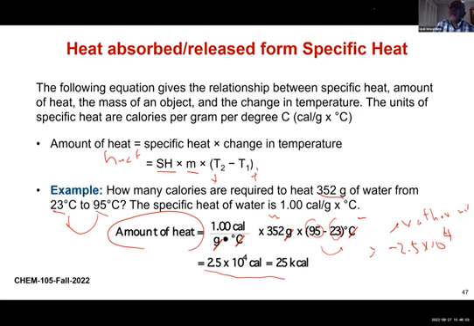Otherwise it is endothermic: heat is absorbed. That's how you calculate it. Specific heat times mass times temperature change gives you the heat absorbed or released.